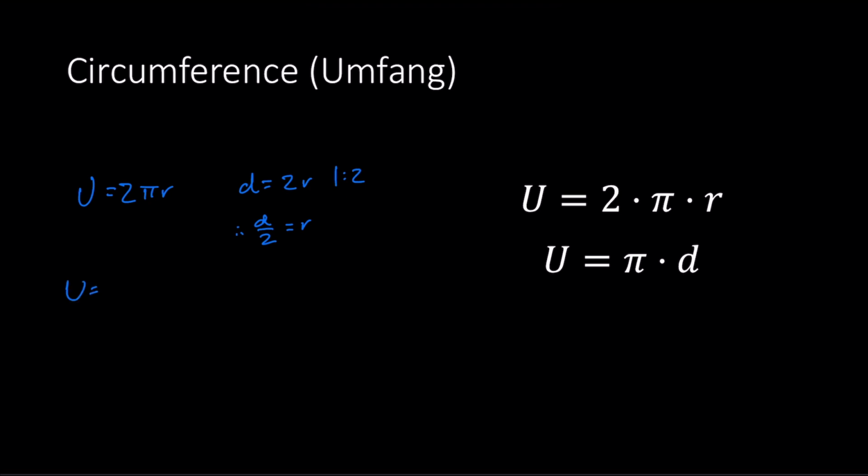So we get U equals 2 pi d over 2. To make it clearer, let's do this: 2 pi d over 2. When you have a full number, and it's multiplication, you can always just move it to the top of the fraction. So now 2 divided by 2 is equal to 1, so we just get pi times d.